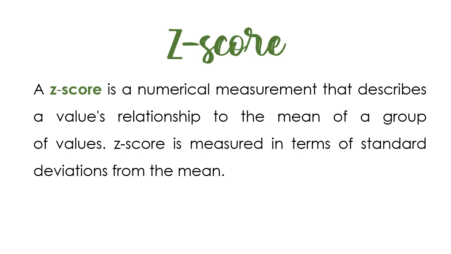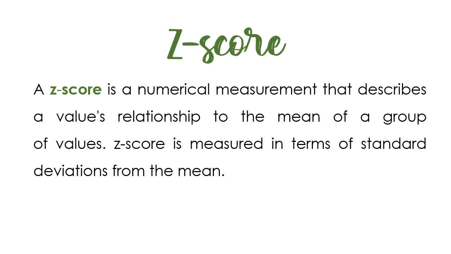Z-score is measured in terms of standard deviations from the mean. Again, the width of our normal curve is determined by its standard deviation. Now, if a z-score is 0, it indicates that the data point score is identical to the mean score. A z-score is a measure of relative standing.